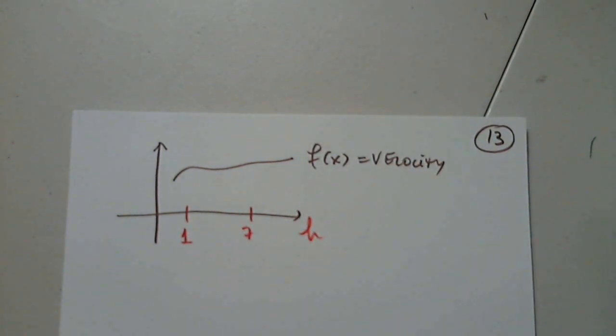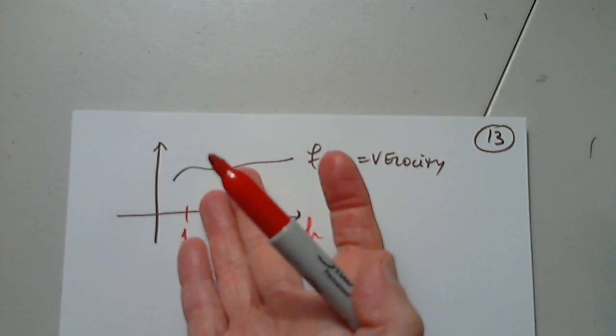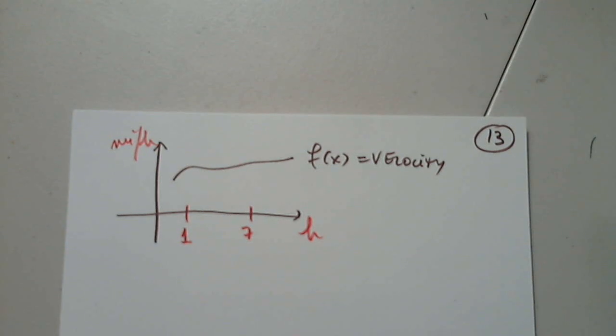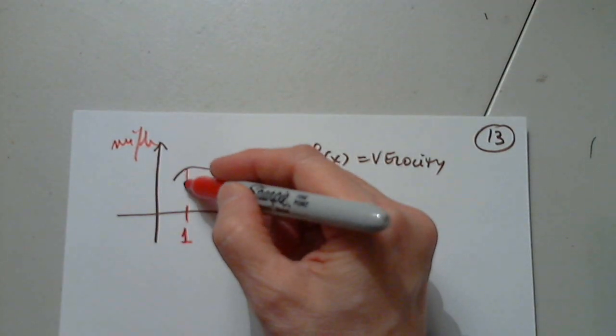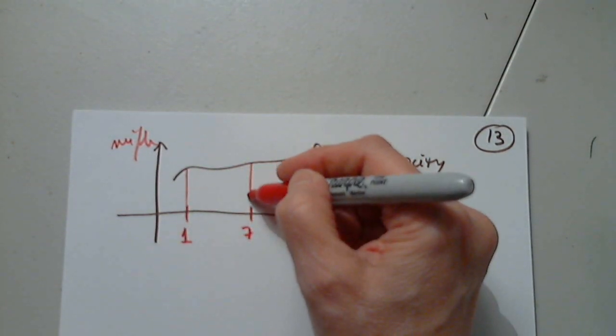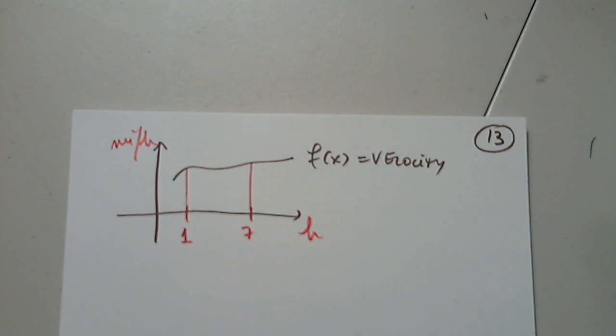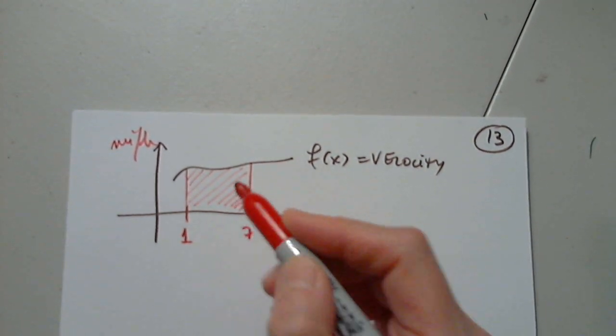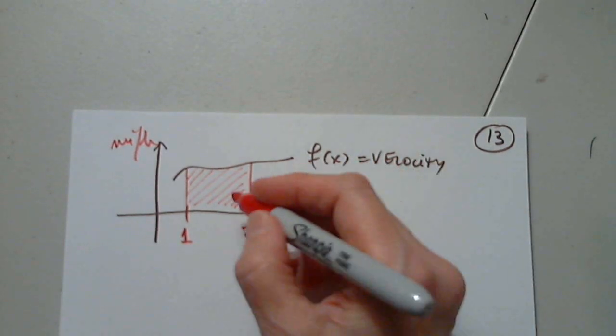So this is in hours, and since this is velocity, this is in miles per hour. I'm looking at this area under the graph of the velocity.